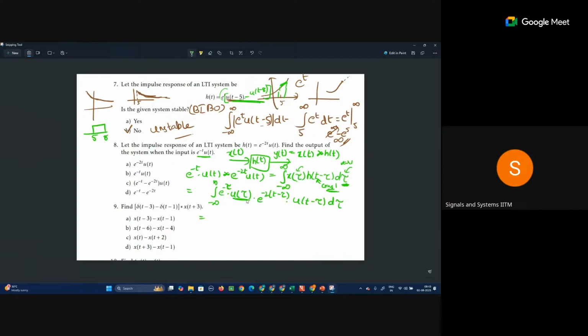As there is u of tau, it will be the integral from 0 to infinity of e power minus tau into e power minus 2 times t minus tau into u of t minus tau d tau. Since we have u of t minus tau, what will be the limits now? 0 to t.